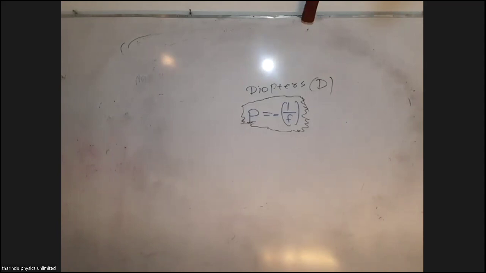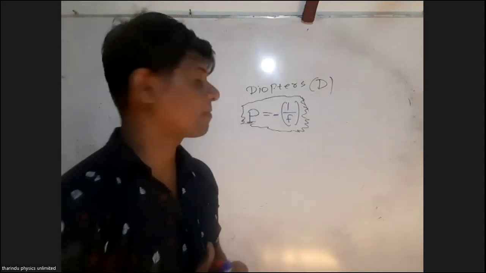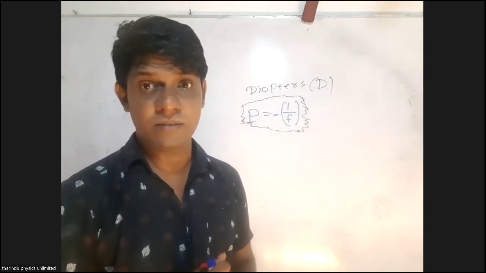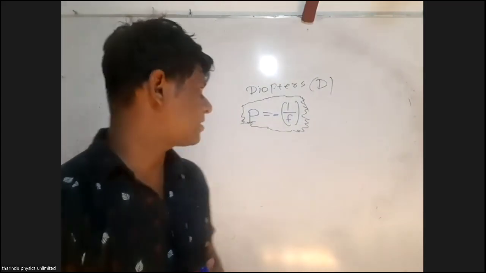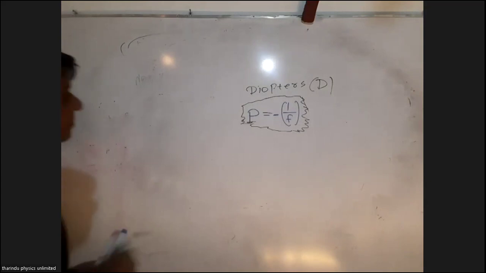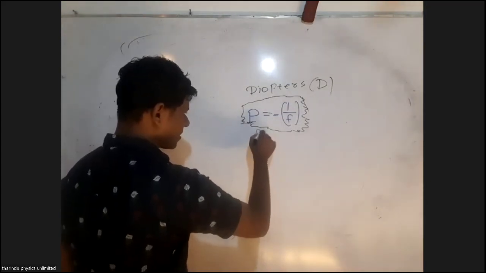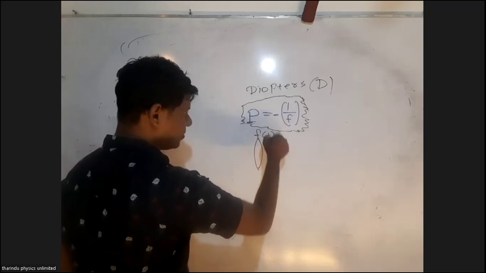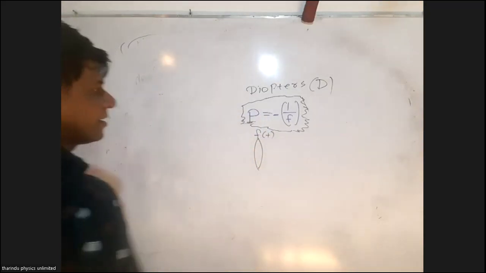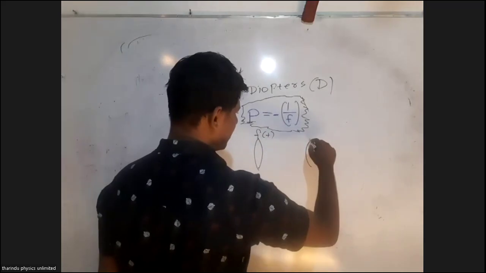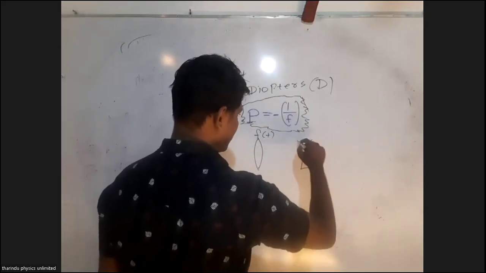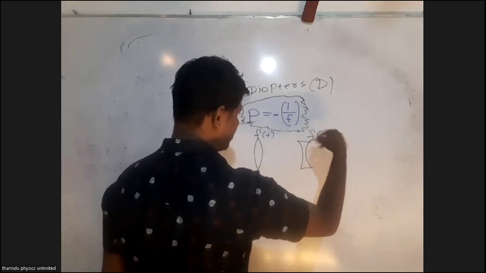Write this. In this diopter system, convex lenses have a positive focal length and concave lenses have a negative focal length.